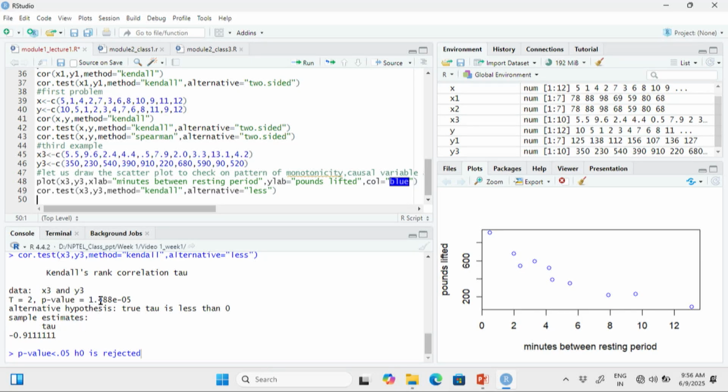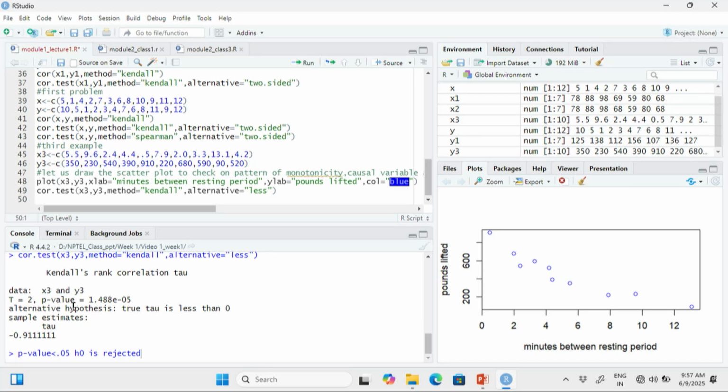The p value is extremely small, way smaller than your fixed alpha level of significance. If you have fixed your alpha at 0.05, then the p value is very small. E to the power minus 5, what does it mean? That means 1.488 times 10 to the power minus 5. Clear? So very, very small.